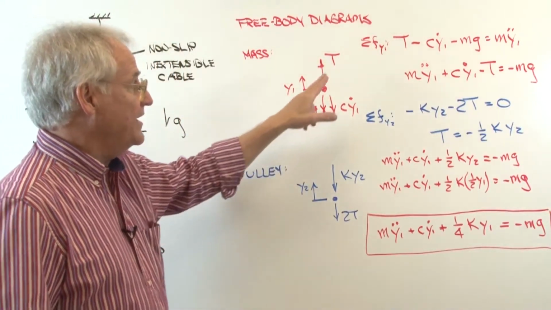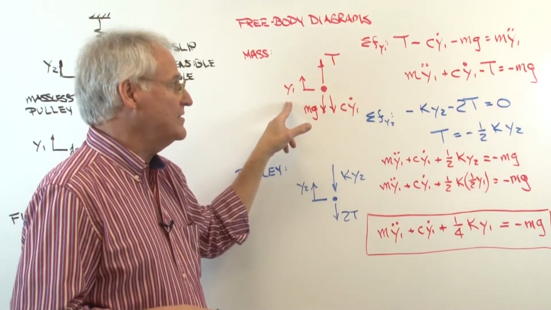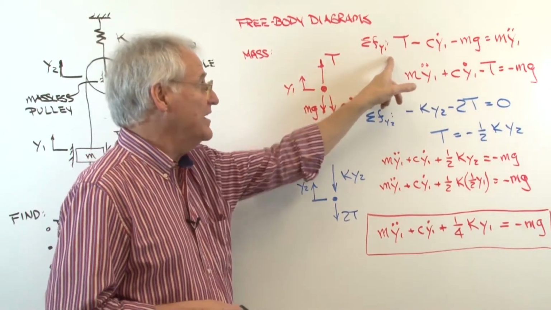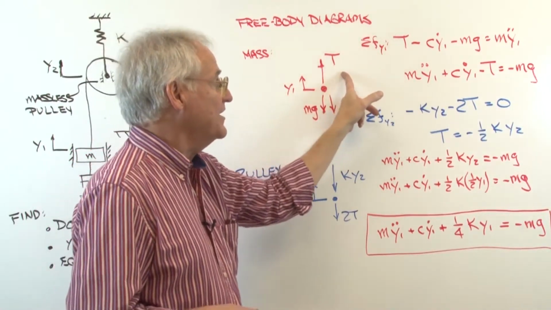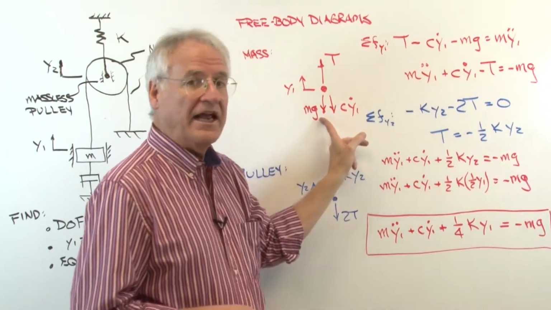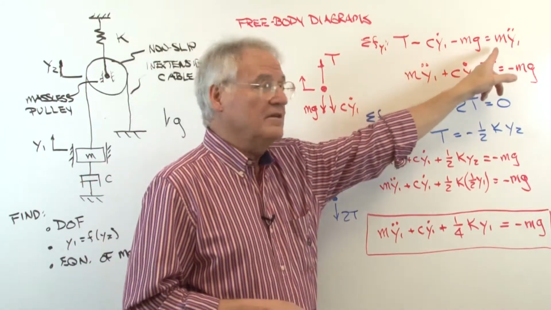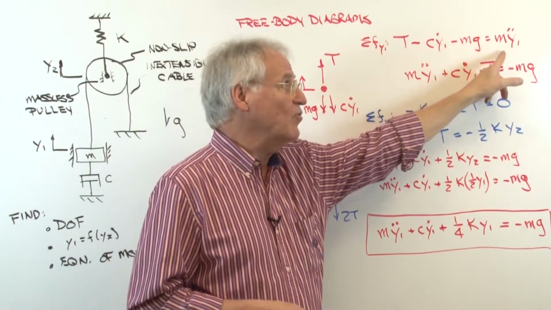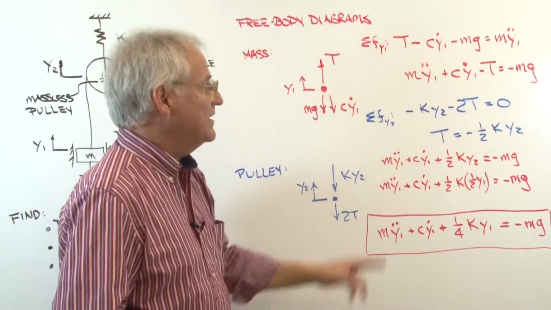So here we sum forces in the Y1 direction. We get T minus C Y1 dot minus mg equals ma, m times Y1 double dot.